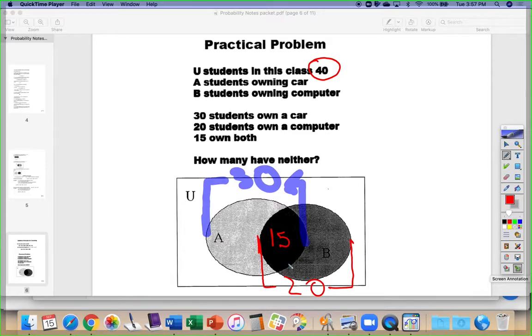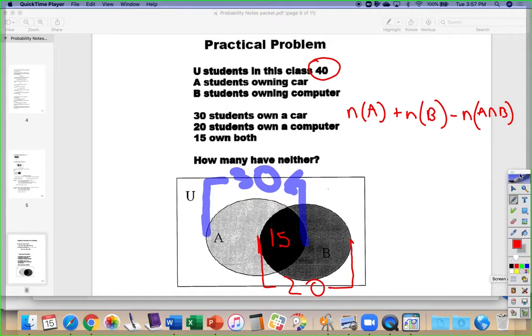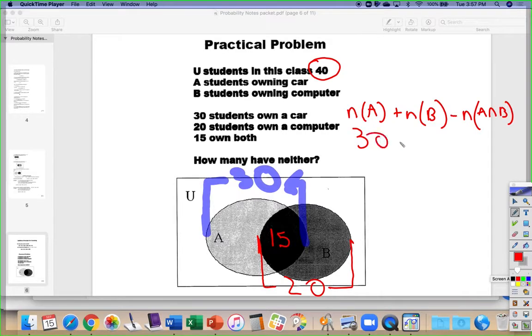So the rule that I just tried to show you for when things do overlap says take the number in set A, add it to the number in set B, and then you have to subtract the number in the overlap once. Why is that? Because the number of people that own a car is 30. The number of people that own a computer is 20.